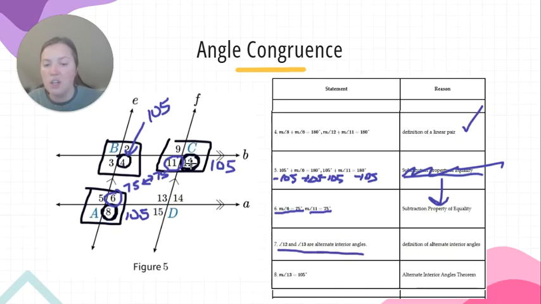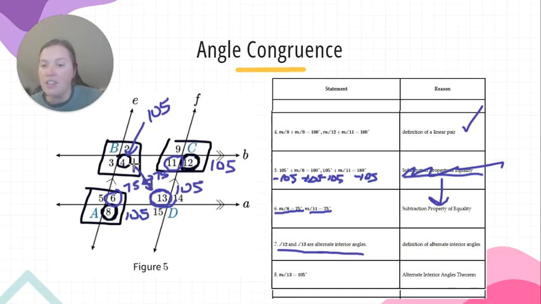So 12 and 13 are alternate interior angles by definition, right? We have parallel lines cut by a transversal. So this here is its alternate interior angle pair. The alternate interior angle theorem tells us that they are equal to each other. So that means that angle 13 is also 105 degrees.